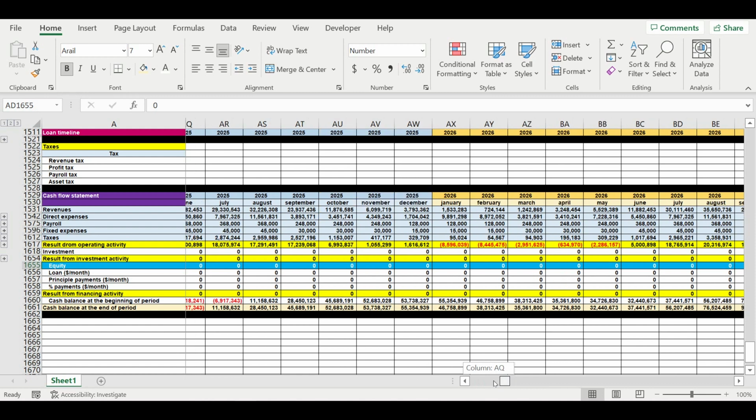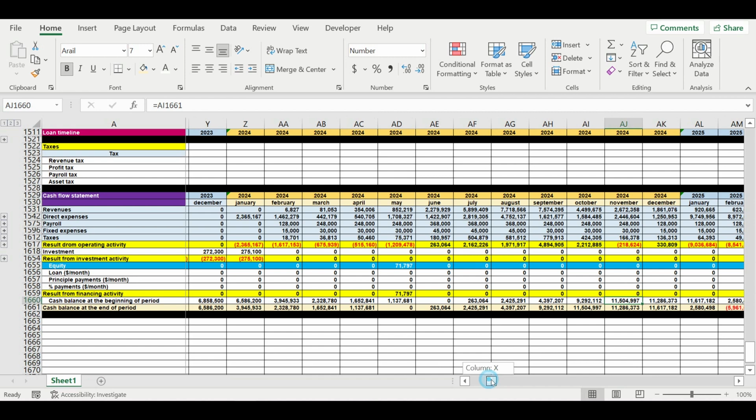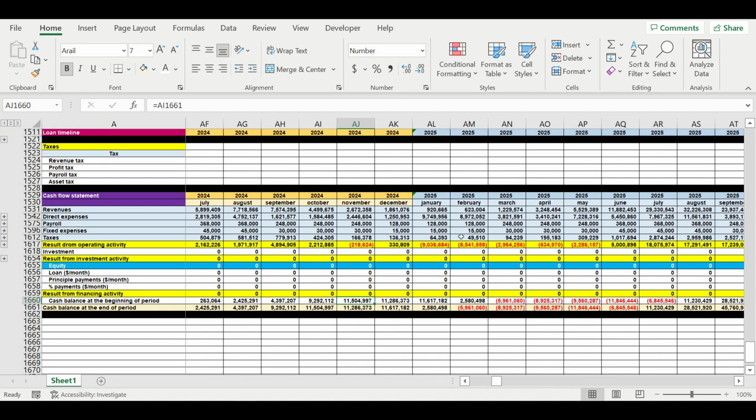Yes, I'm just doing 17, and that's it. We also have some negatives because the business is seasonal. We also have some cash gaps. We may have them or may not, it depends on the region where your factory will be working. So here we have 11 million.